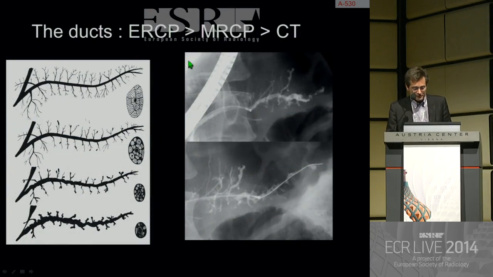In the initial phase, ERCP certainly is the best technique, but as I mentioned, we don't use that anymore, and MRCP is much, much better than CT for evaluating the first changes of chronic pancreatitis, the first involvement of the ducts.